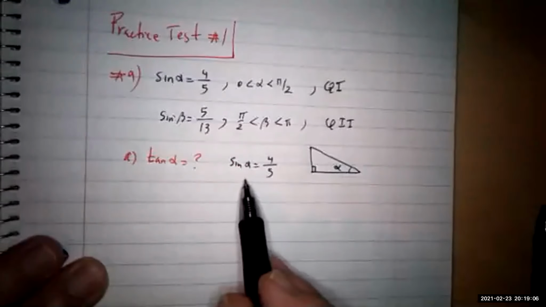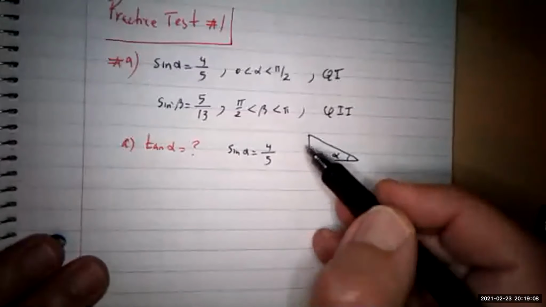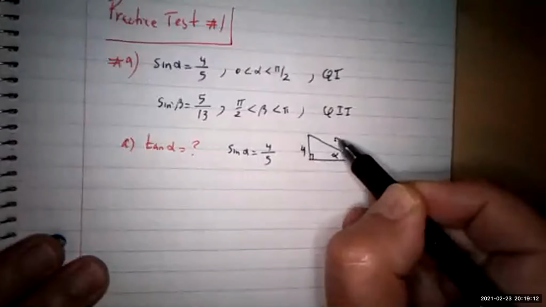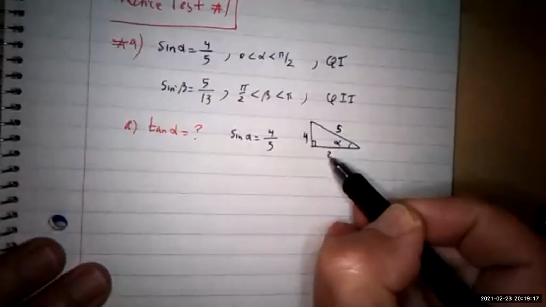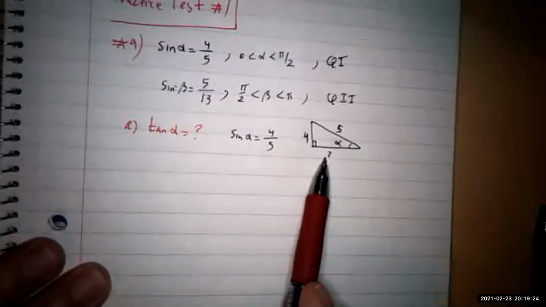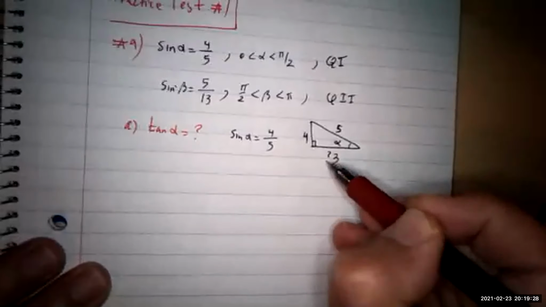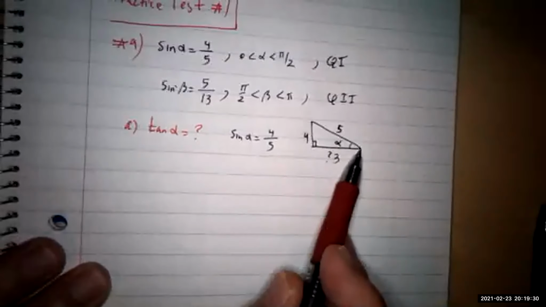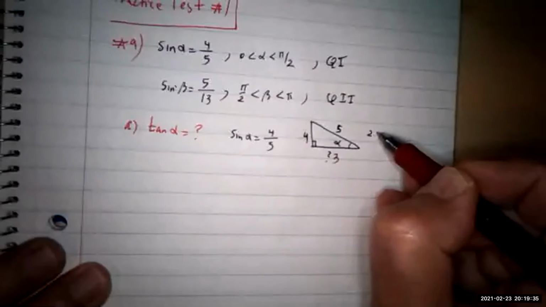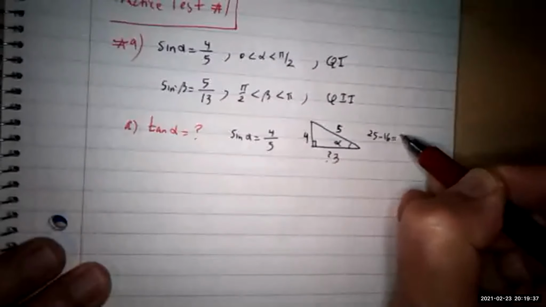So you have the sine. You know that sine is what? Sine is the opposite over the hypotenuse. Okay, so we can find these numbers quickly. What is this number? Any suggestion? 3. 3, very good. You know that 25 minus 16 is equal to 9.